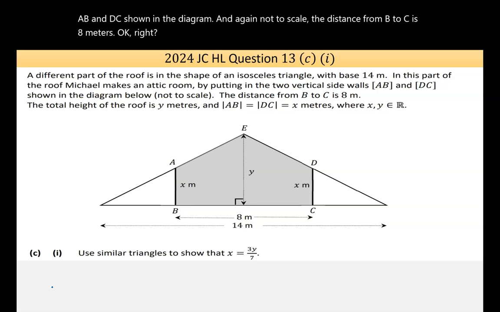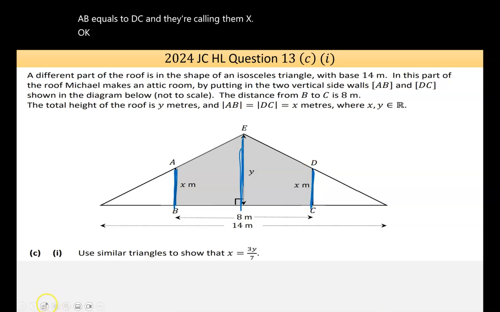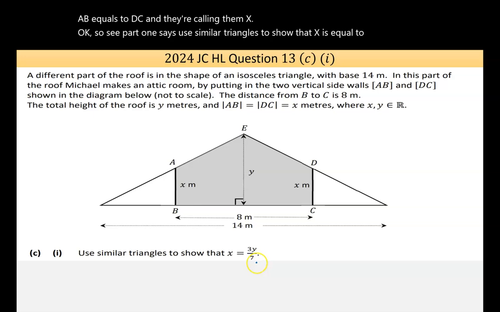The total height of the roof is y meters. And AB equals DC, and they're calling them x. So part 1 says use similar triangles to show that x is equal to 3y over 7.